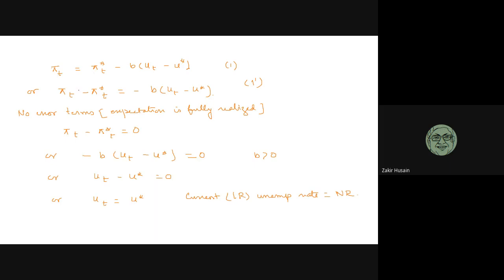And secondly, if I assume that what has happened in the past, the inflation rate doesn't change, then over here, let us say I have got pi t is equal to pi t plus 1.